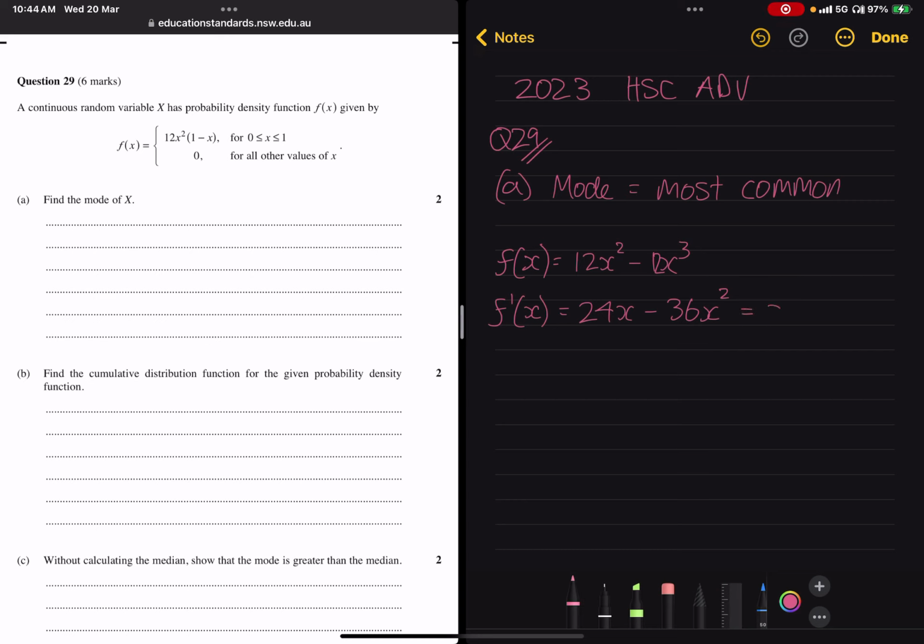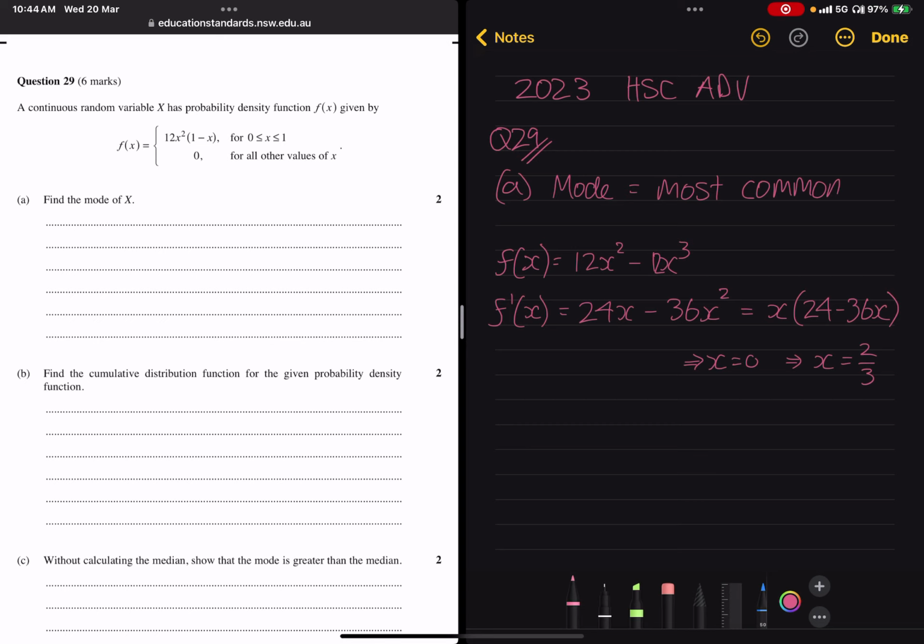If we factorize, we get an x times 24 minus 36x. This either means that x is equal to 0, or x is equal to 24 on 36, which is 2/3.